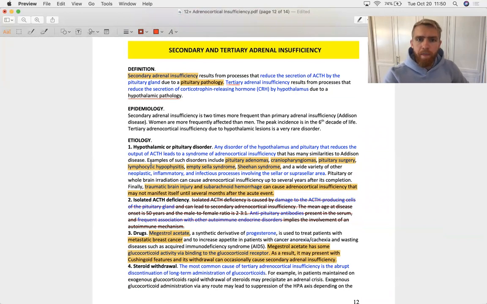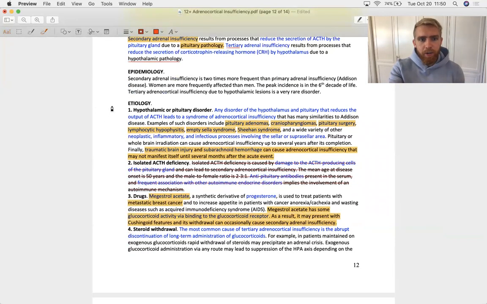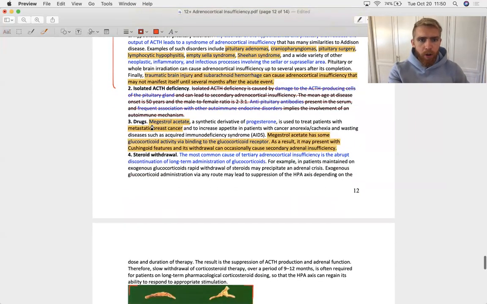Secondary and tertiary. Now, if it's secondary, you don't have any ACTH. If it's tertiary, you also don't have any ACTH, but then you don't have any CRH either. And so the pathologies that cause secondary or tertiary should be very, very obvious to you. Pituitary pathology were a couple of our very first SDLs in this entire block. I would like to point out megestrol acetate, which is a progesterone derivative that is used to treat certain metastatic breast cancers.